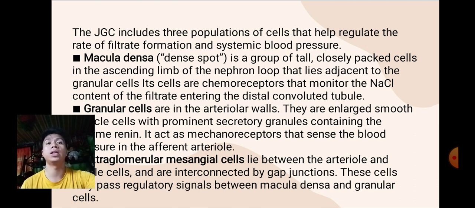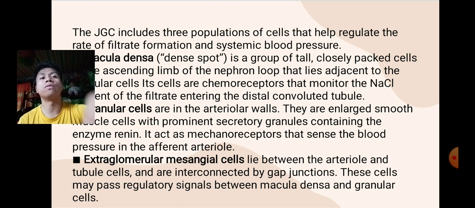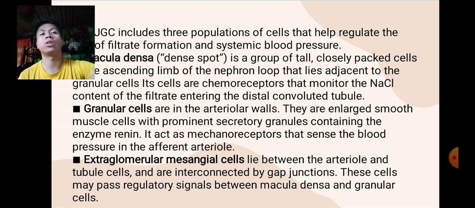The macula densa, a dense spot, is a group of tall, closely packed cells in the ascending limb of a nephron loop that lies adjacent to the granular cells. Its cells are chemoreceptors that monitor the sodium chloride content of the filtrate entering the distal convoluted tubule.